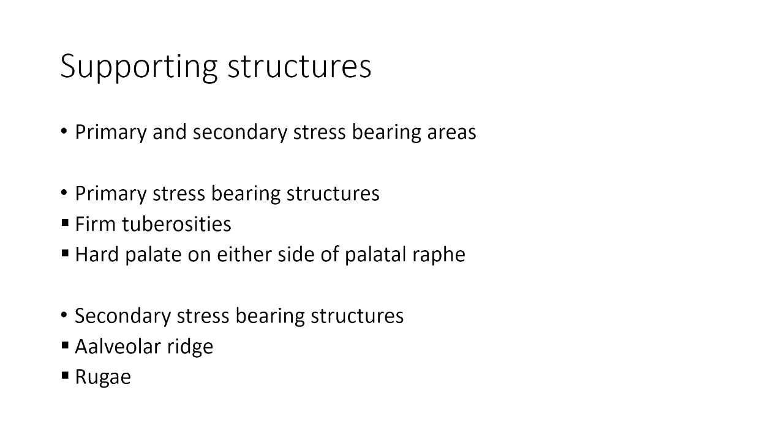Okay, now coming to the supporting structures. The primary and secondary stress bearing areas are there in every arch, that is in the maxilla and the mandible. The primary structures are the firm tuberosities in the maxilla, the hard palate on either side of the palatal raphe, and the secondary stress bearing areas are the alveolar ridge and the rugae area.